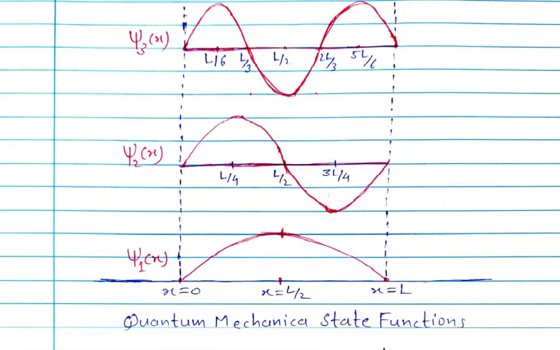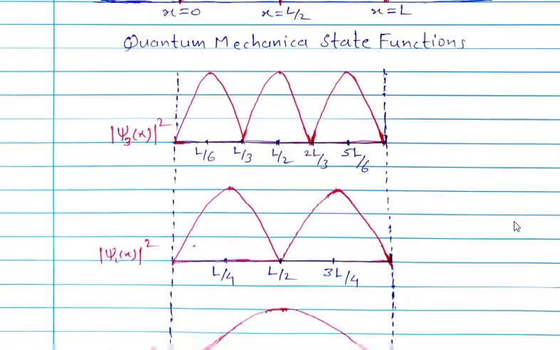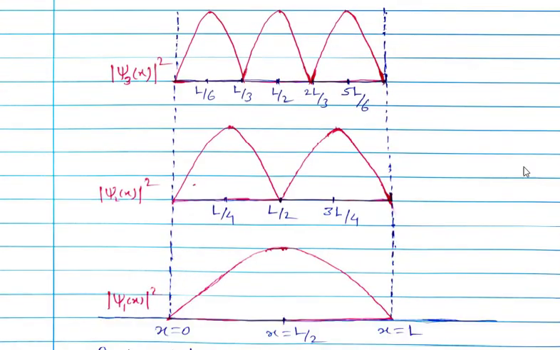So the plots for the probability density functions will look like this. These are the plots for the probability density functions for the particle confined inside a one-dimensional rigid box for the ground state, first excited state and the second excited state.